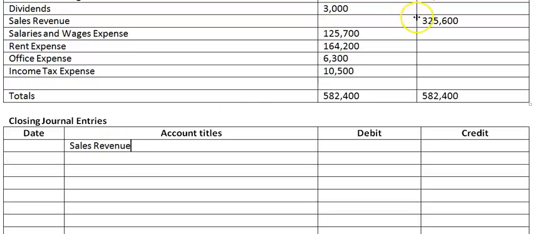And the amount is $325,600. Now we're going to credit, or do the opposite to, all the expense accounts. Sorry, I'll tab in there. $125,007.